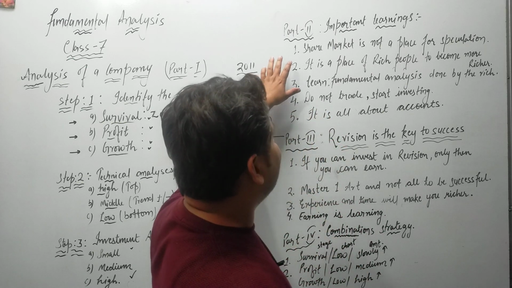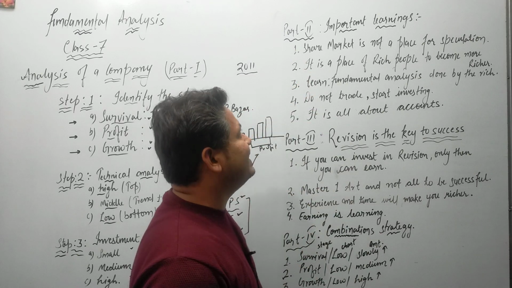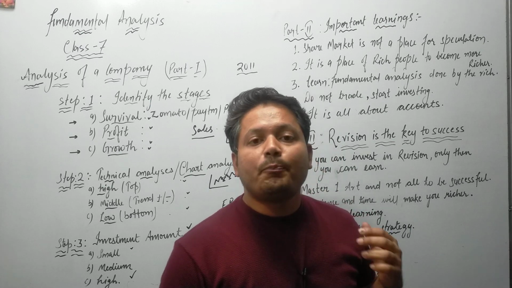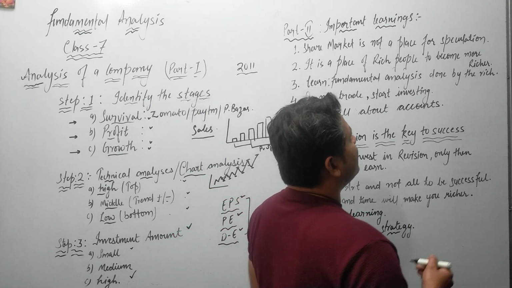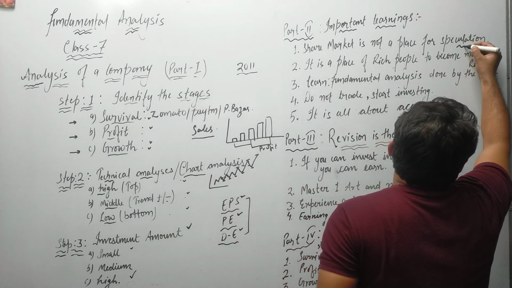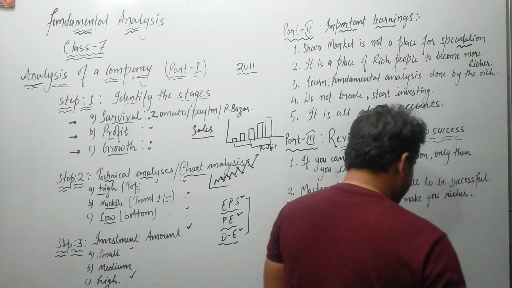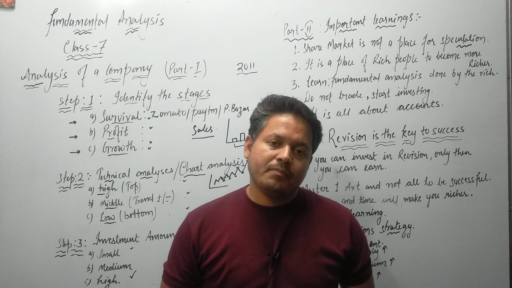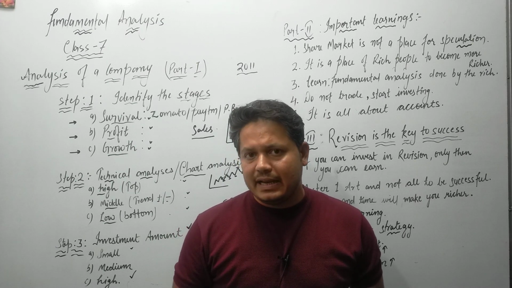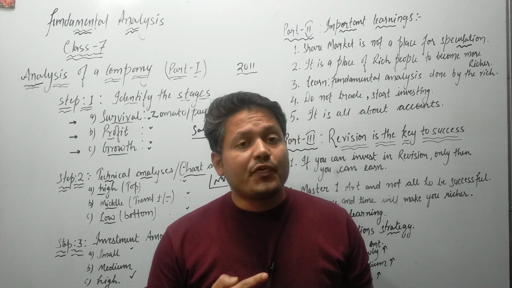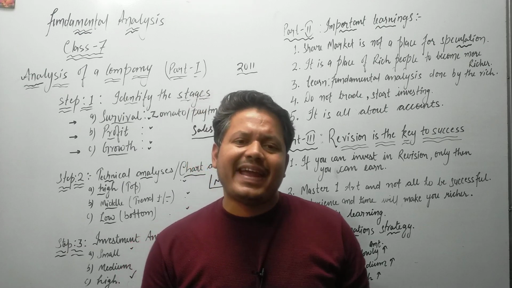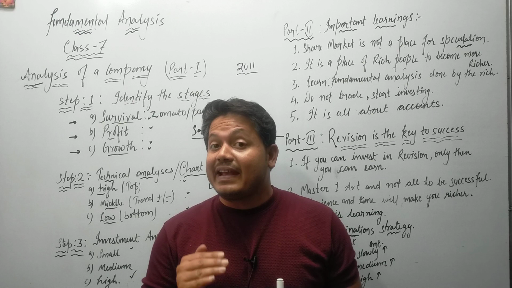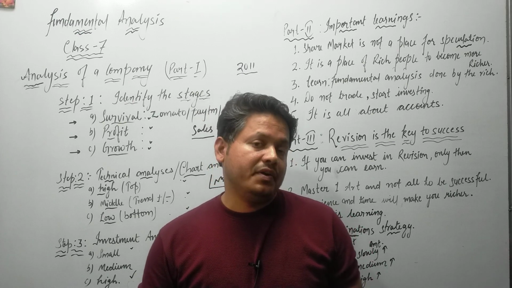The first thing that I have learned is stock market is not a place for speculation. So what is speculation? See, share market is a place to invest, to do proper learning and not just to trade. The people who trade without understanding can even lose the amount.